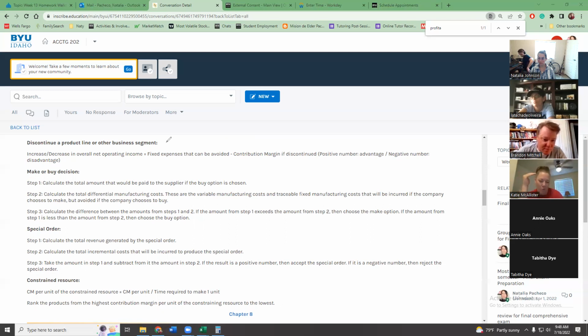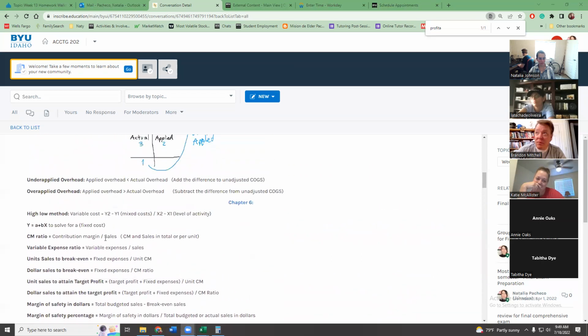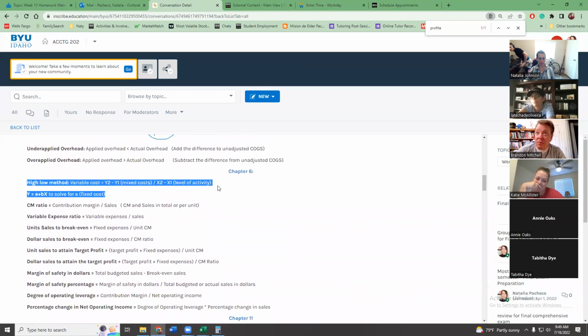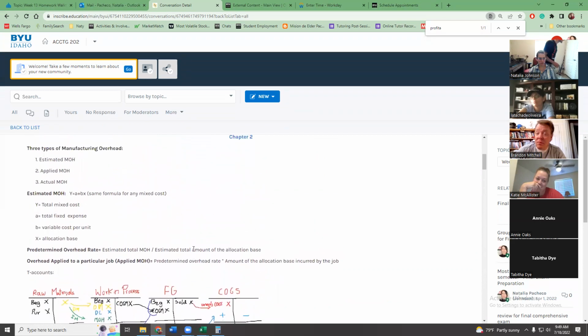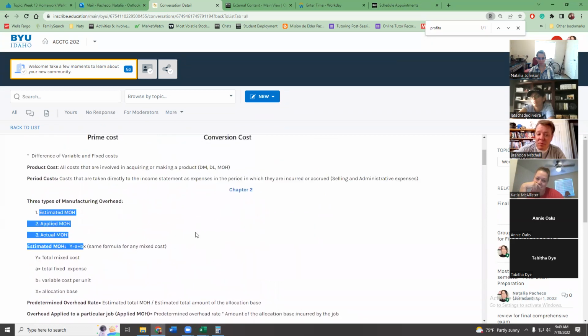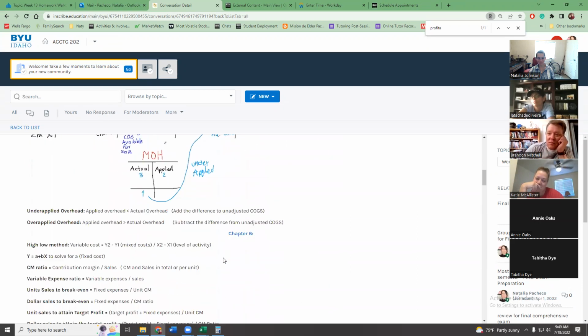We don't need to have this reviewed and fresh in our brains. They could have taught this at the beginning, unit 4. Maybe you understand the last chapters more because you already saw the first ones. I think what they should have done is do the high-low method right after the manufacturing overheads, because that would have made more sense. But oh well.